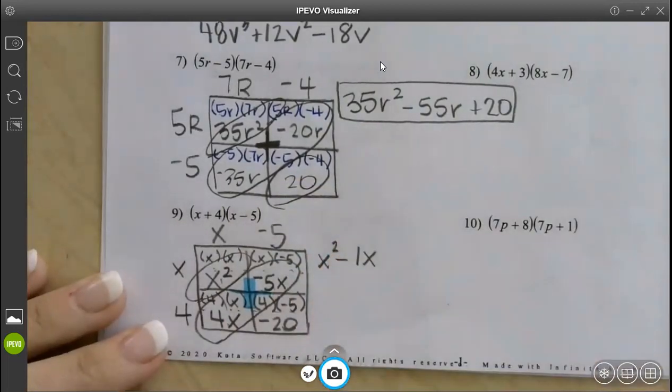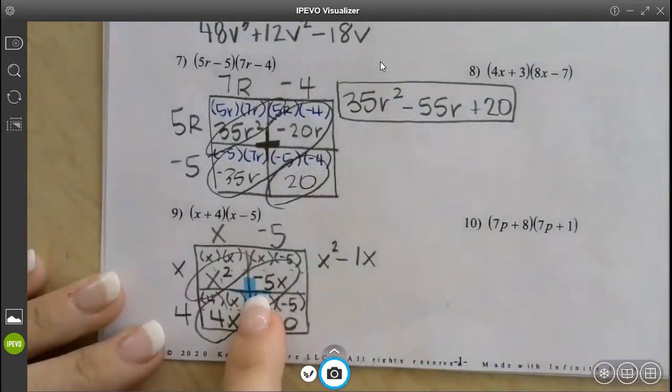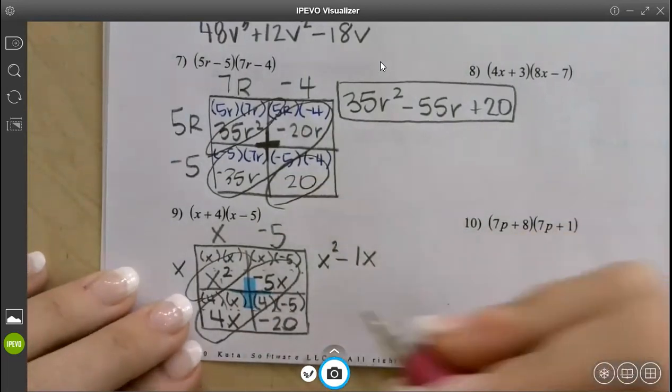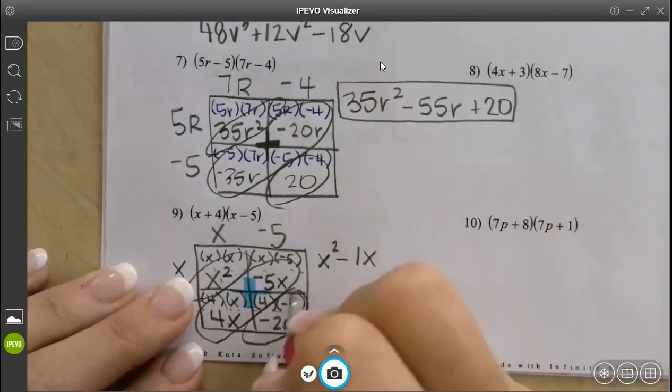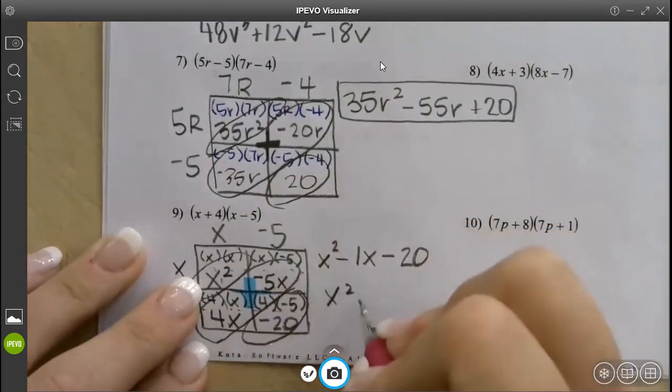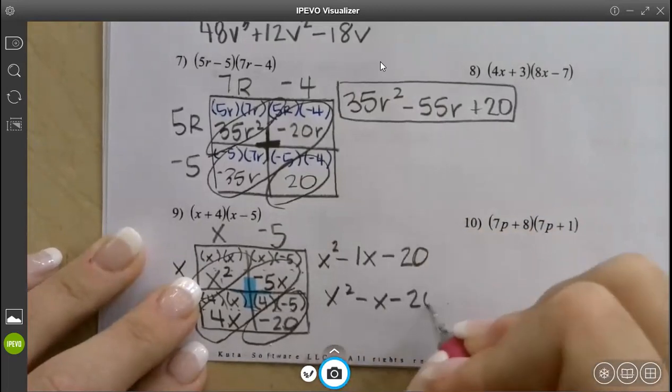The plus is because it has the plus in the middle. Use your box, sorry. So 4 plus negative 5 is negative 1x. Remember, you don't have to have the 1 there. I just wanted to show you. And then your last diagonal is negative 20. If it were multiple choice, it would just look like that.